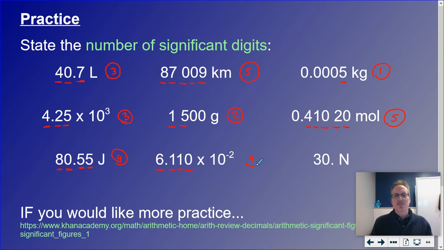This one has 4 significant digits. And in the very last question, it's 30 with a decimal, so the 3 counts for sure. The 0 is after the number, and because there is a decimal, we are going to count it. So this is going to count as 2 significant digits.